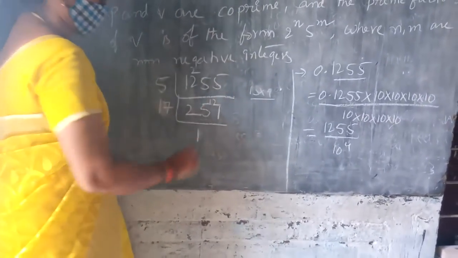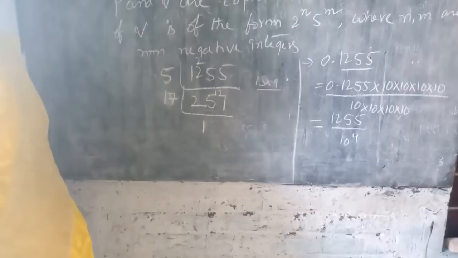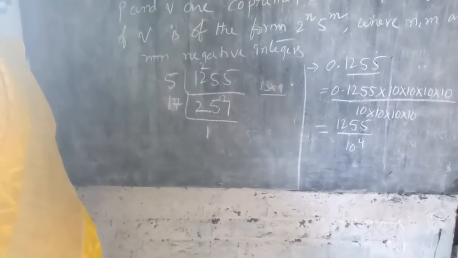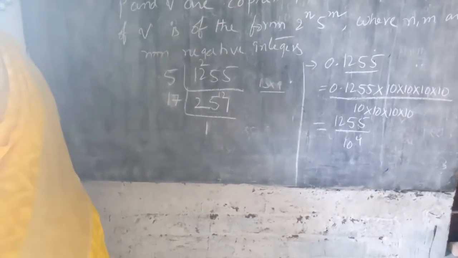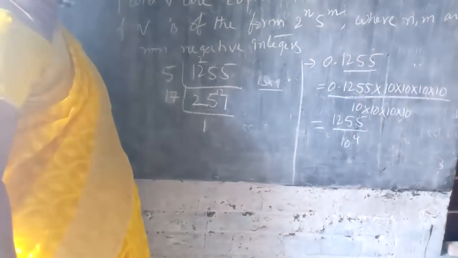17 ones are 17, remainder 8. 25 minus 17 is 8.